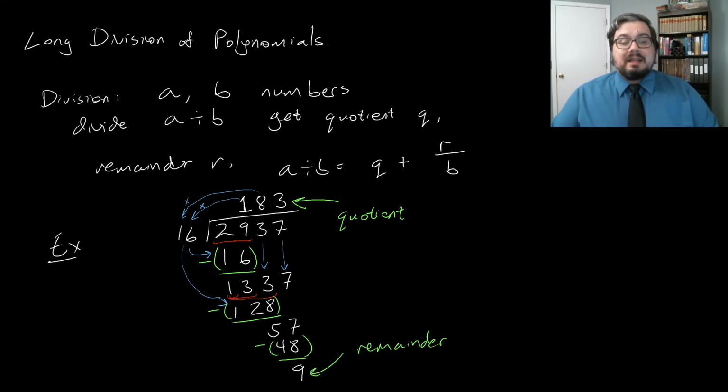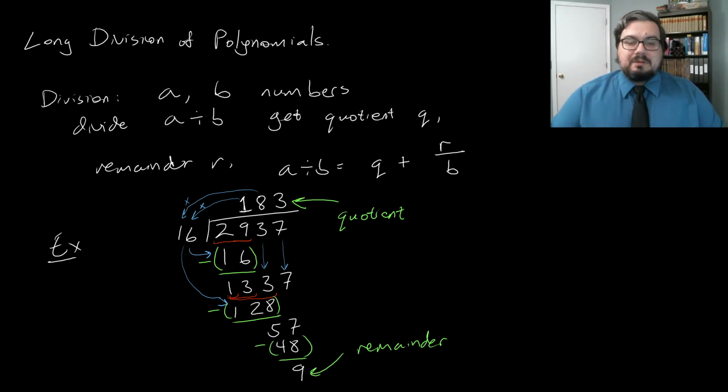The idea behind this is that 16 goes into 2,397 evenly exactly 183 times. And if you remove 16 from 2,397 183 times, then you'll be left with 9 left over.